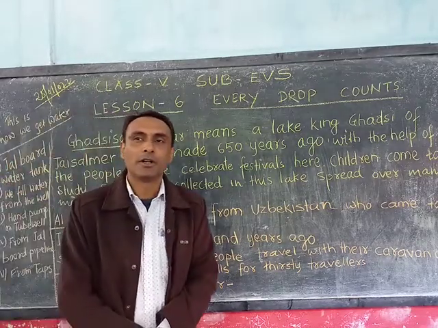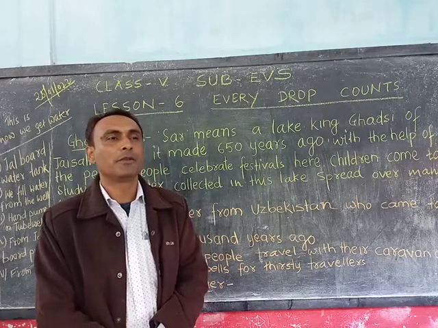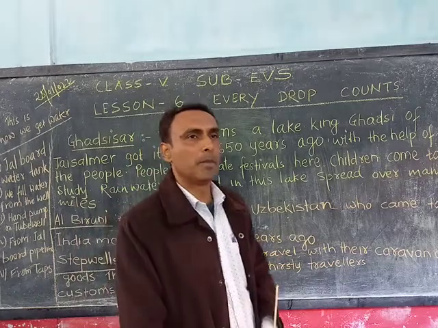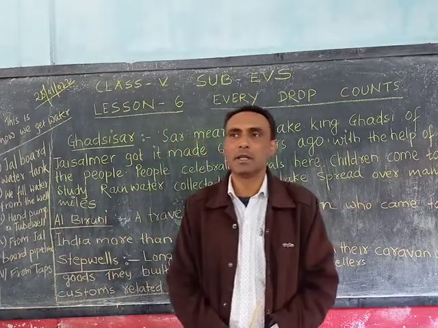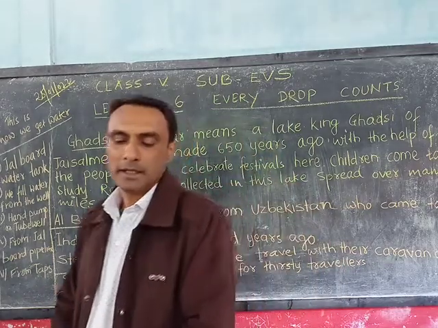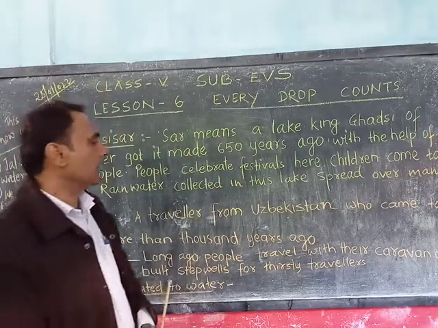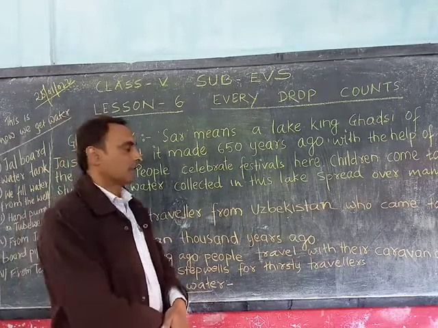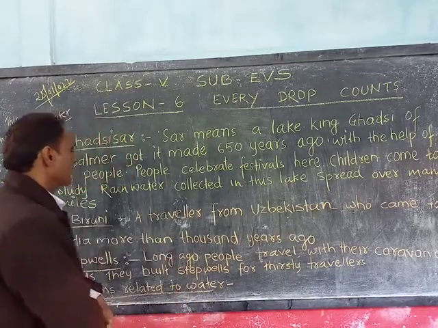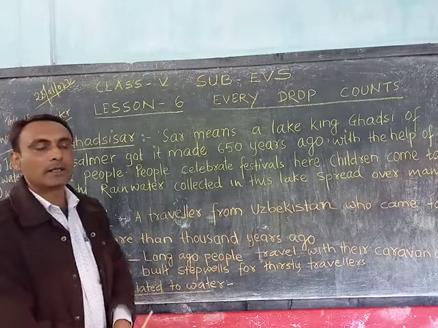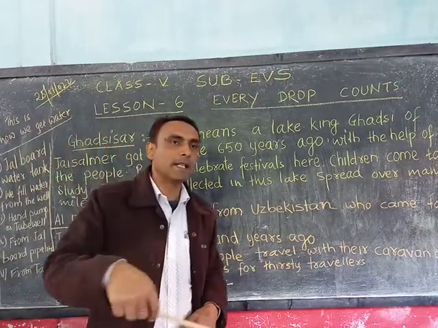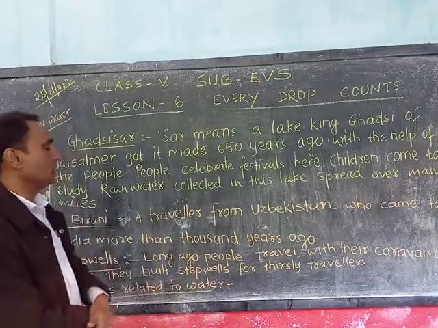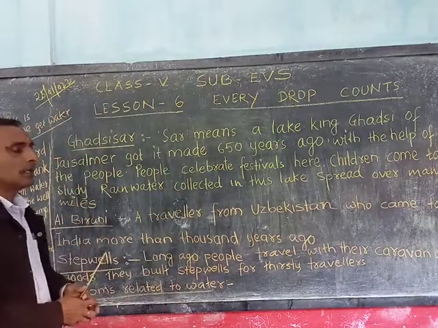He saw the system of water. How did people get water and what were the sources of water? And he was impressed with that. He admired the way the Indians got the water, and especially the pond and the steps or chaubaras around the pond that the Indians built to get the water.